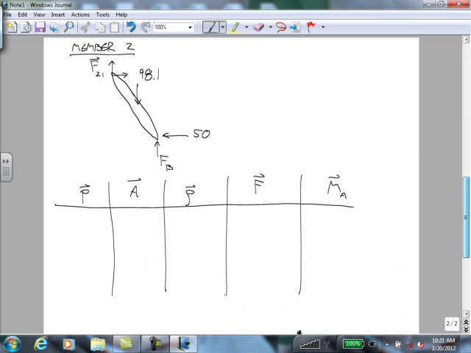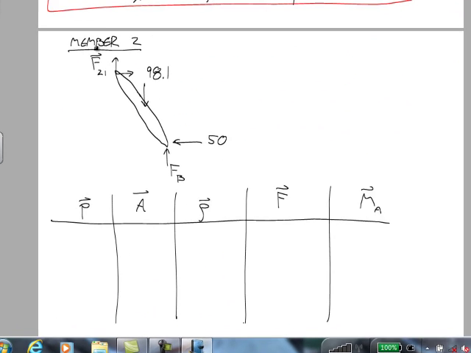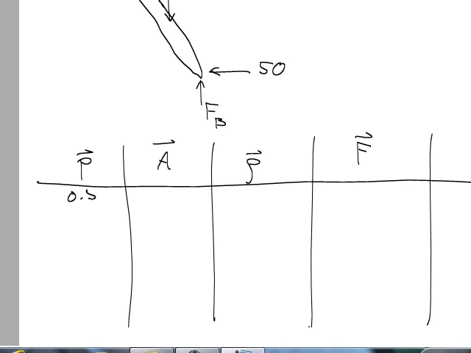So let's start with this force F21. What are the coordinates of that point?